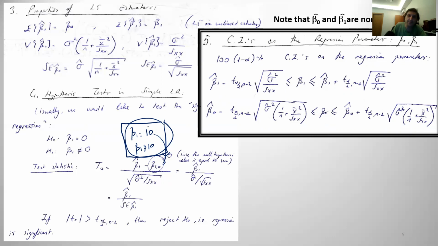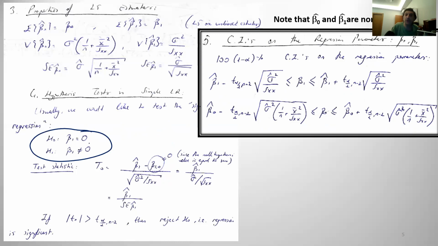Even if you don't have that specific question, you should always conduct this test, because, as I said, this test has a special meaning when it comes to beta 1 equal to 0. And there is no counterpart of this test in terms of beta 0.